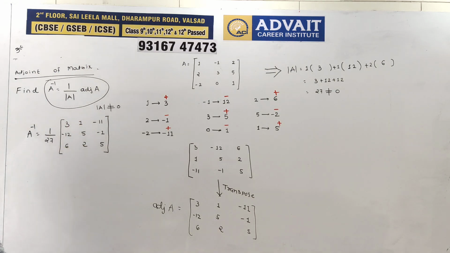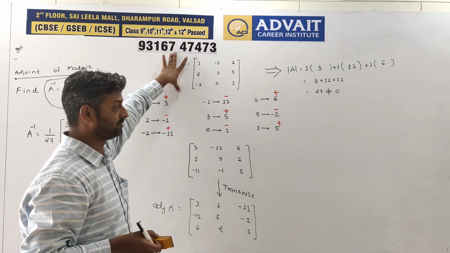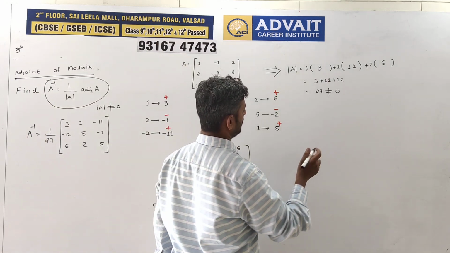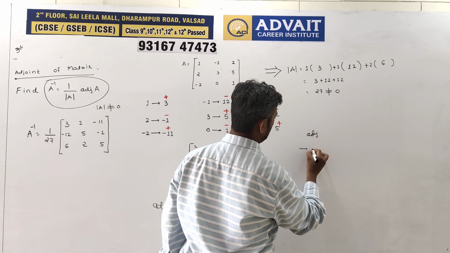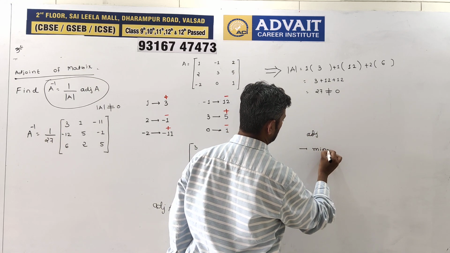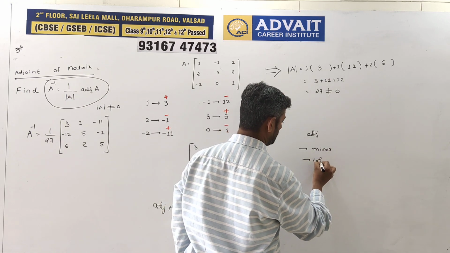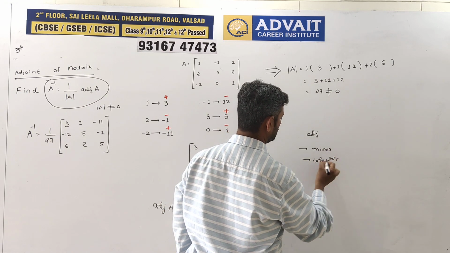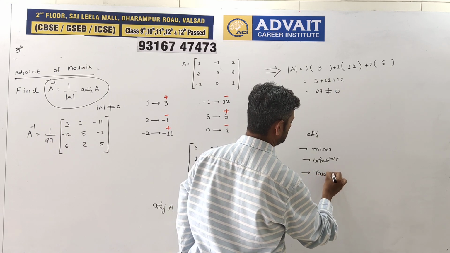This is your answer. Again, if you want to find the adjoint, first you have to find the minor, then convert into cofactor, then take the transpose.